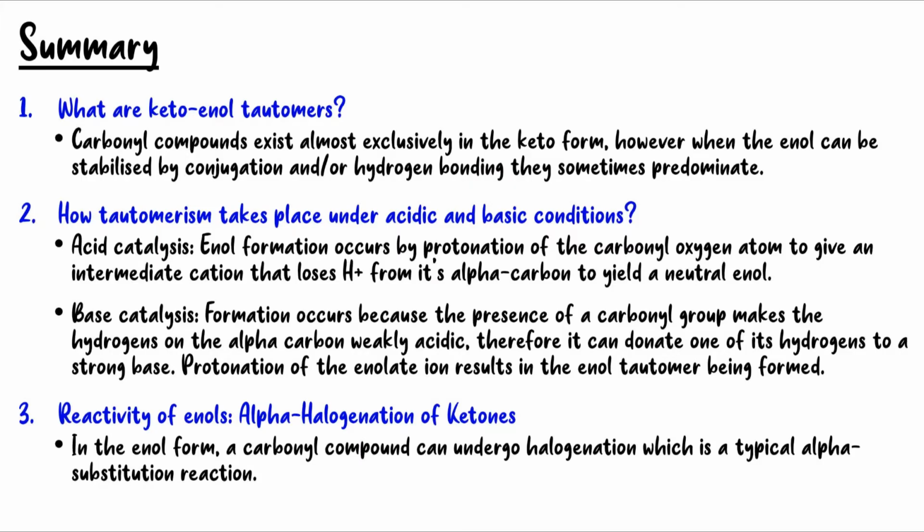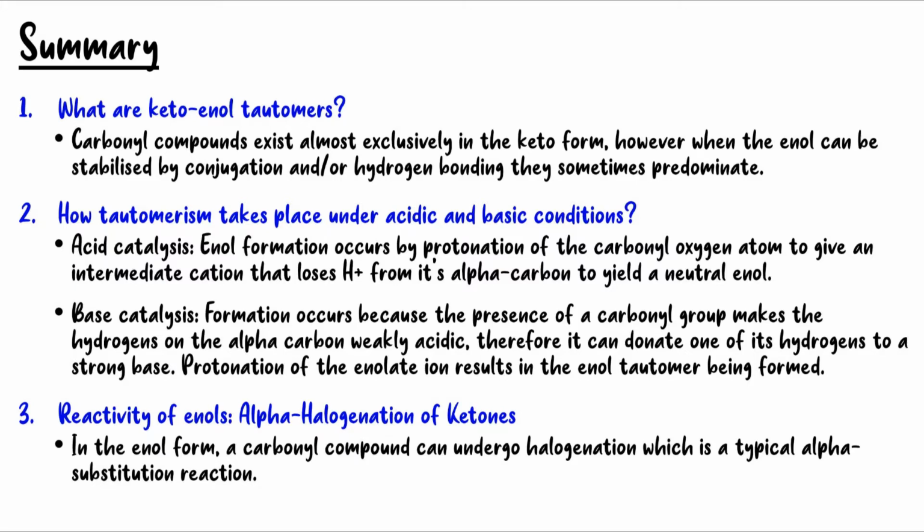So then, to summarize, what have we learned today? Firstly, we've seen that carbonyl compounds exist almost exclusively in the keto form. However, in some instances, for example with acetylacetone, the enol can be stabilized by conjugation and hydrogen bonding, which then means it's the more dominant form.